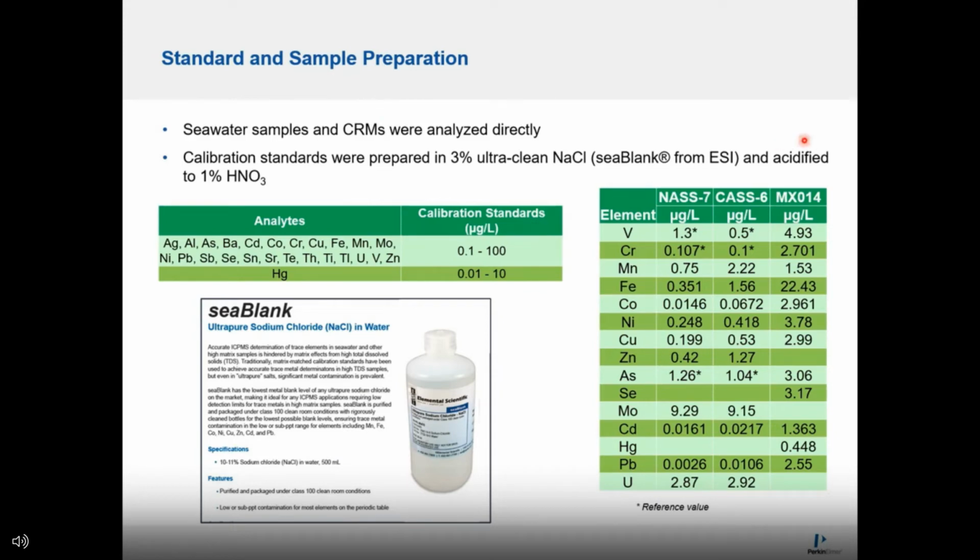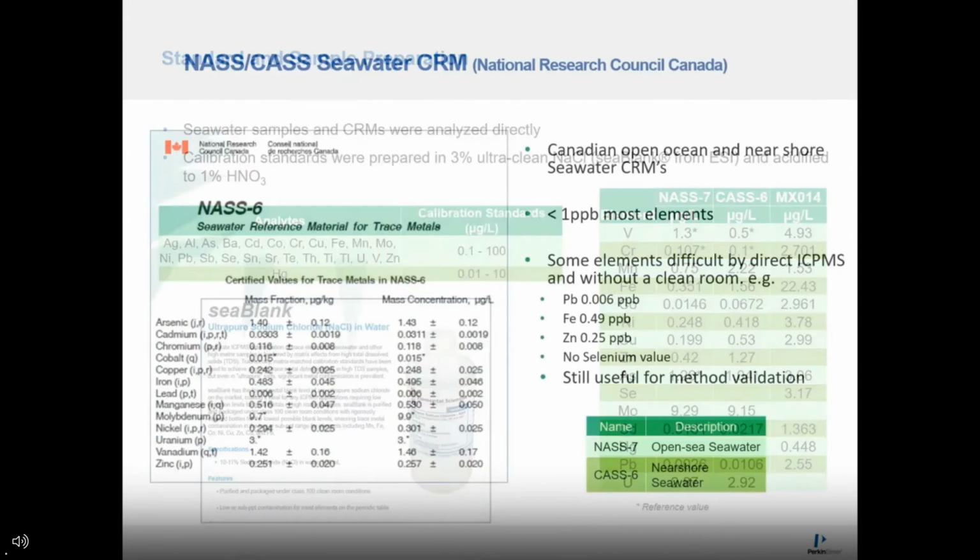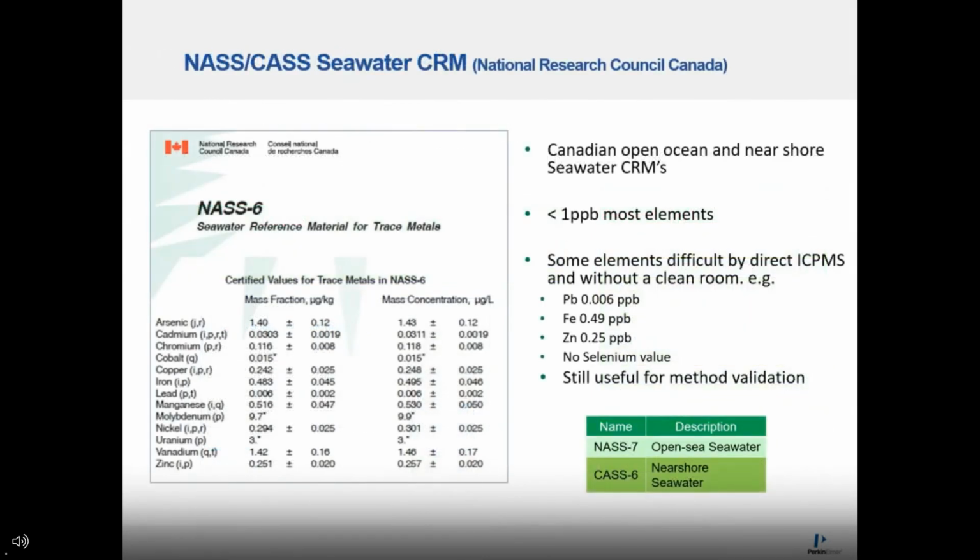Three seawater CRMs were used for method validation, where the NASS-7 originated from open sea waters, CASS-6 and the MX014 are from coastal and near shore waters. The certified values of these CRMs are shown on this slide.